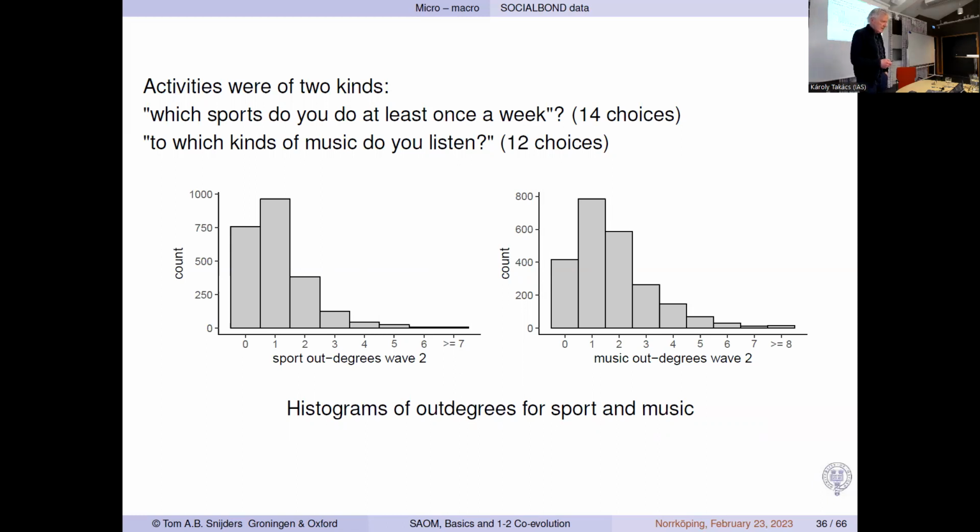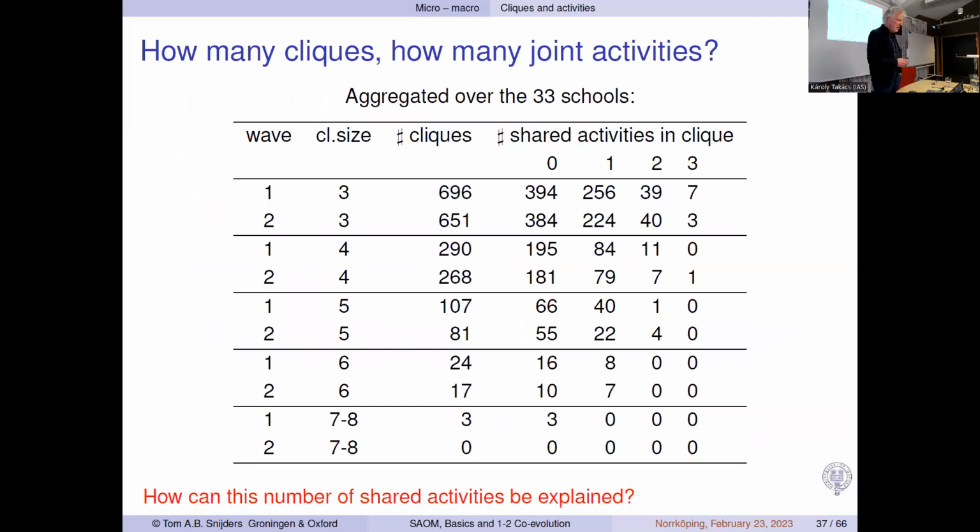Then, how many cliques and how many joint activities in the cliques? I used two waves. The maximal clique size was 8, but most cliques were of size 3. And you see here the number of shared activities in the clique. Most cliques had 0 joint activities.